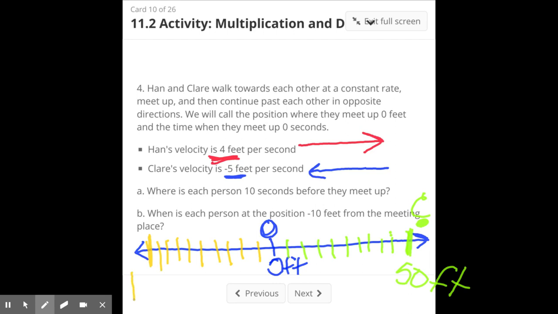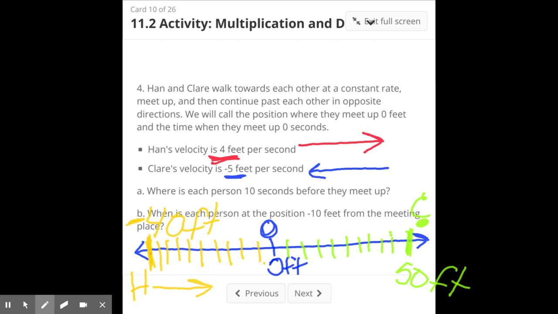And Han, who's over here, is moving in this direction. Since each one of these seconds he's going 4 feet, we can count by fours, or we can just do 4 times 10. So Han is at 40 feet, -40 feet, because he's over here on this side.